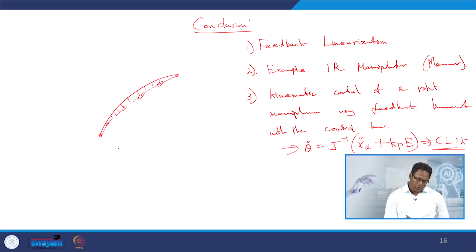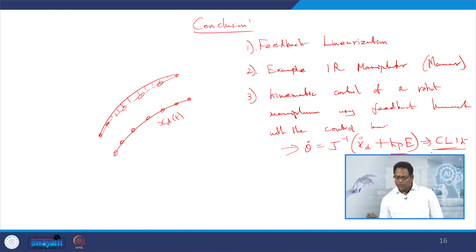So during the inverse kinematic process, your actual trajectory will also be tracking x d of t more accurately. That accuracy is ensured by the term Kp, which is a positive definite matrix for an n degrees of freedom robotic system. So we have seen how feedback linearization is implemented for kinematic model based robotic system control.